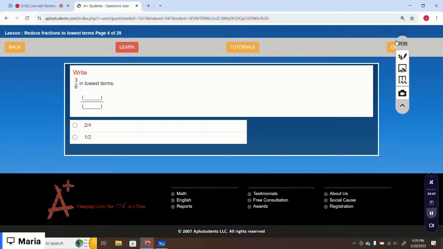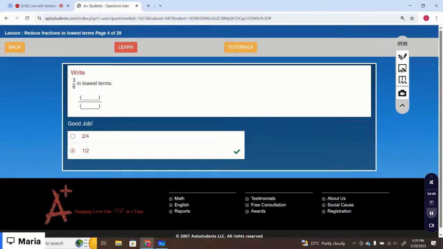Correct option is 1 over 2. Option number 2 is the correct option. Very good.